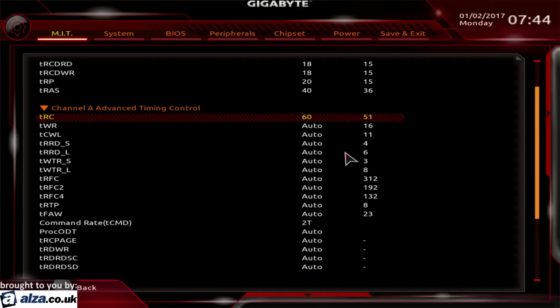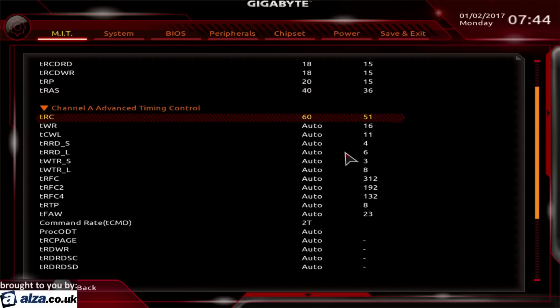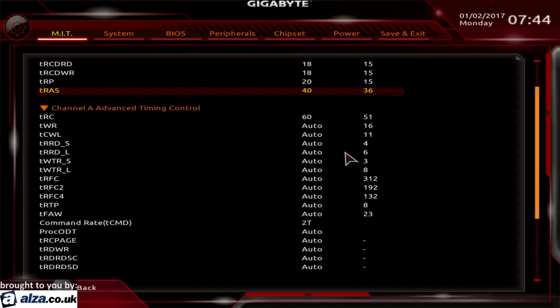I accidentally had the TRAS at like 56 once, and TRC was at like 70-something. It was really bad. It was spewing out errors, and I was wondering what on earth I did wrong. It happened that the TRAS was super high, and the TRC was too low because the motherboard doesn't actually follow that rule. Surprise, surprise.